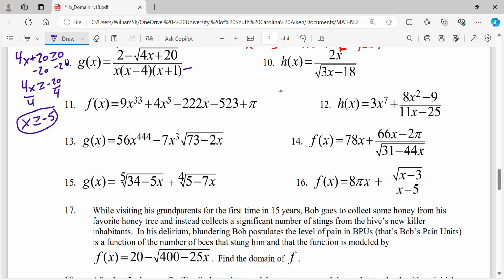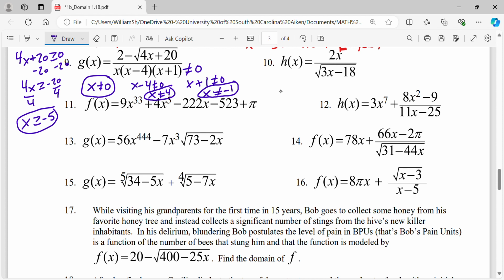Now also we need to set this denominator not equal to 0, which means that x cannot be equal to 0, x minus 4 cannot be equal to 0, and x plus 1 cannot be equal to 0. We already have one completely solved out. If I add 4 to the other side, I'll see that x cannot equal 4. And if I subtract 1 from the other side, I'll see that x cannot equal negative 1. So we have 4 different restrictions on this particular problem.